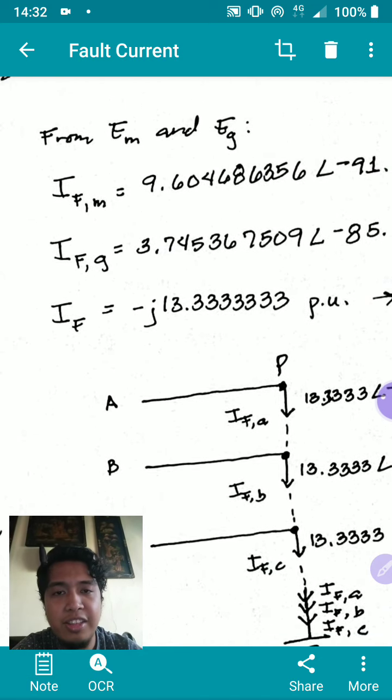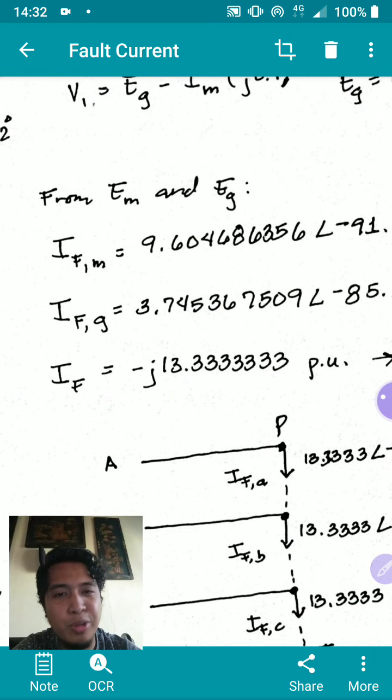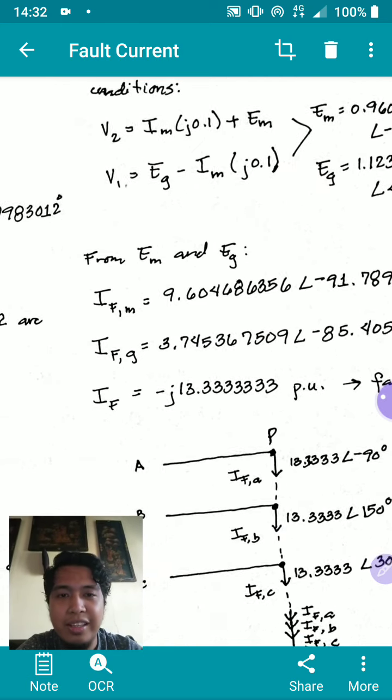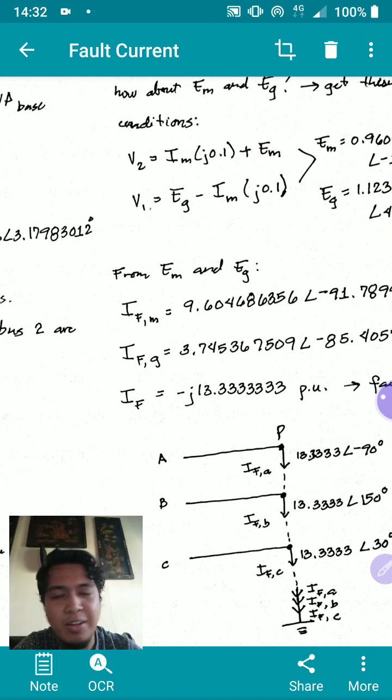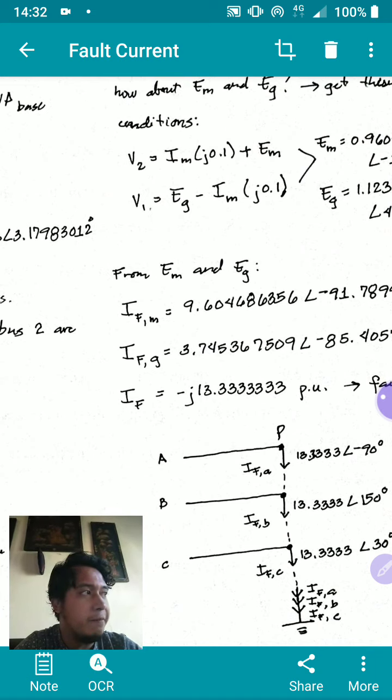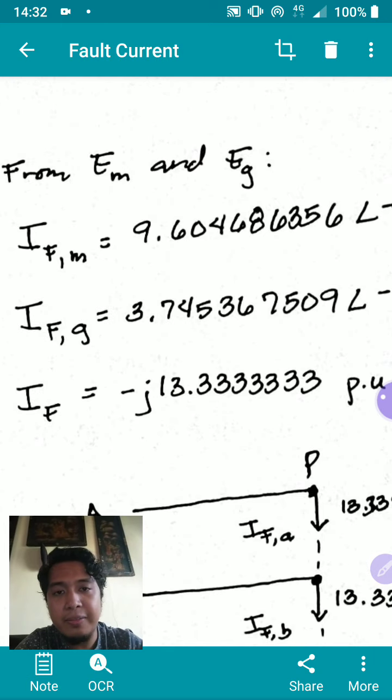Now at the instant of fault, you have the motor experiencing 9 per unit. So imagine the sudden increase in the current when that fault happens. That's basically why you have to design your protection systems. You have to consider the transients because of this.